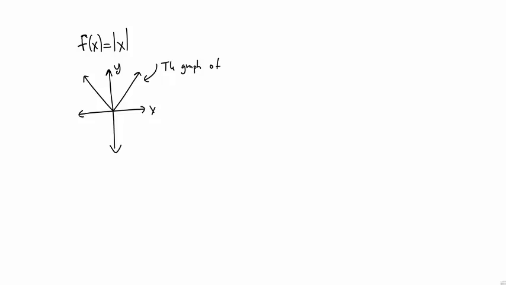We'll simply write this as y equals the absolute value of x. And so the graph of y equals minus absolute value of x will be the reflection of this graph about the x-axis. Just like that.